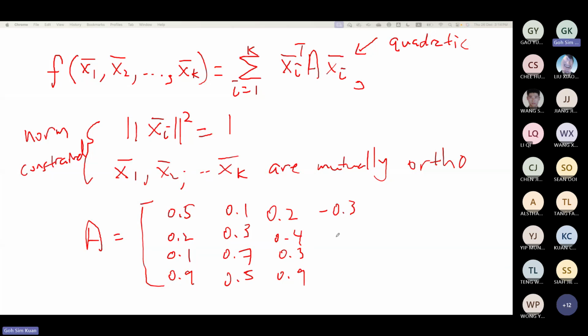Okay, sorry, I think this A has to be symmetric, based on our understanding of a quadratic function. So I cannot simply write random values here. I have to satisfy the characteristic of a quadratic function. Let's say this is 0.1. Since the matrix is symmetric, I can simply copy the values from the other side of the off-diagonal entries.